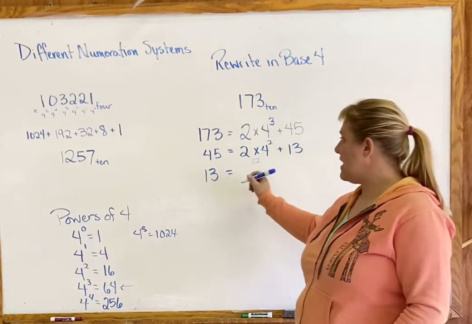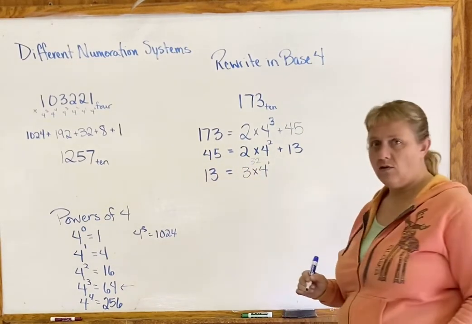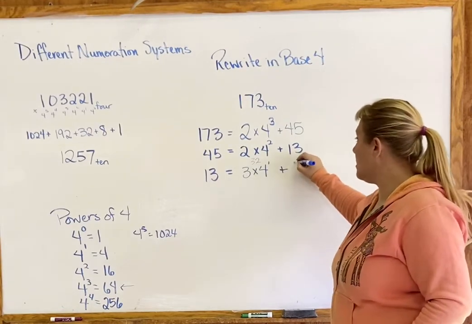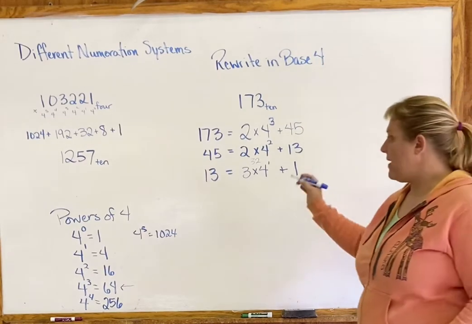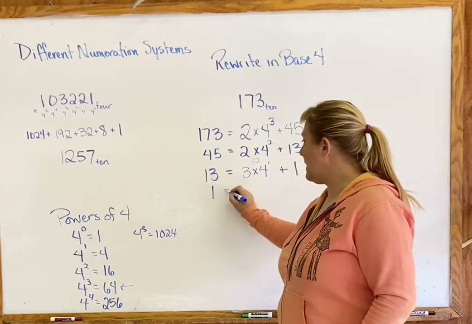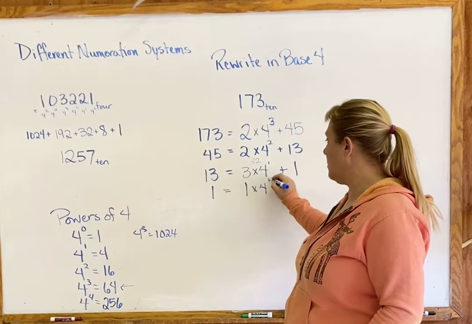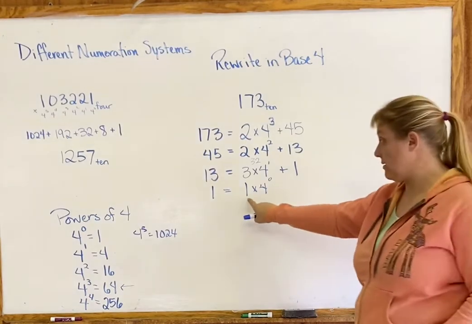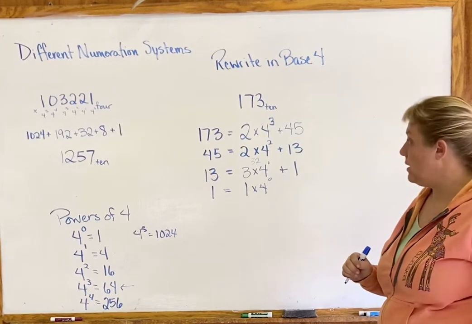So would everybody say that there are 3 4s in 13, right? 3 times 4 is 12, with a remainder of 1. And then finally, we're gonna say 1 equals, and the nice thing about this last one is it's just gonna be that particular digit, whatever it was. So that last step, you can't forget to do it, but it's not any real mathematical work.